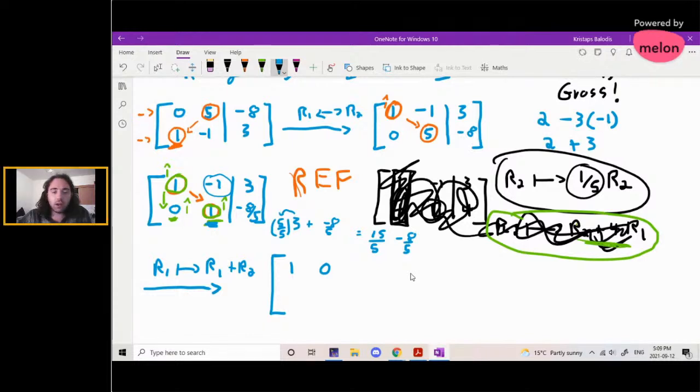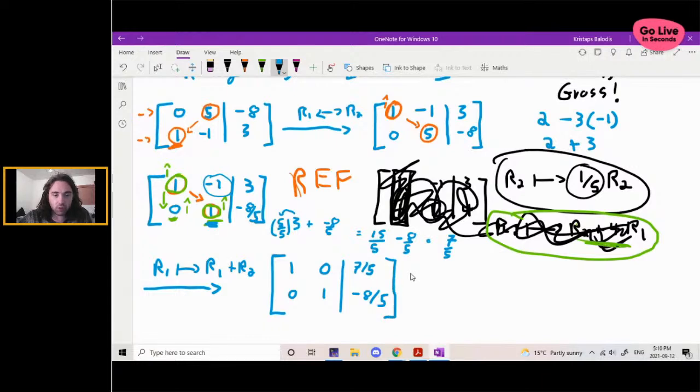And now the denominators are the same, so we can add these fractions together, and we're left with positive 7 over 5. So we have 7 over 5. And then down below, we're not changing row 1, so that is all fine.